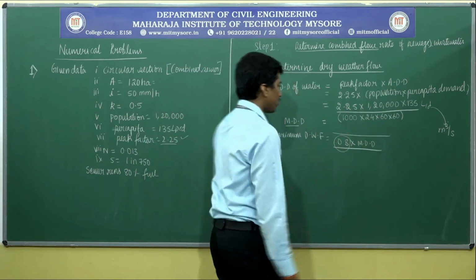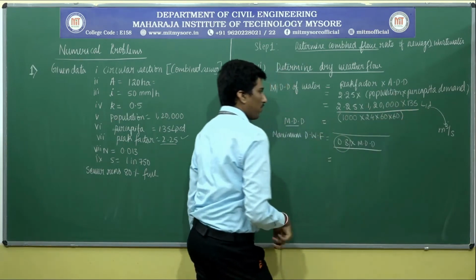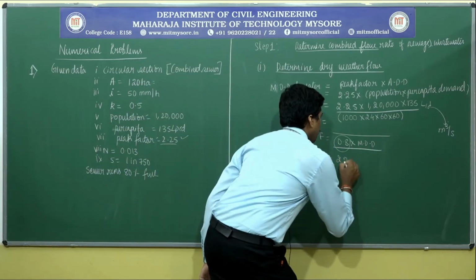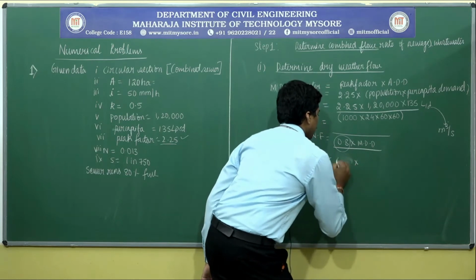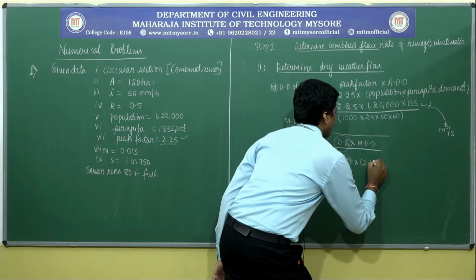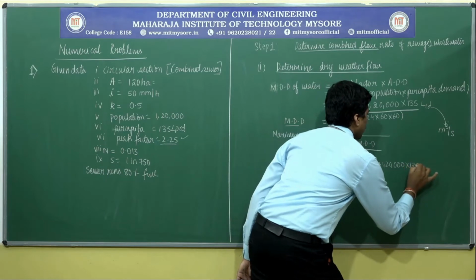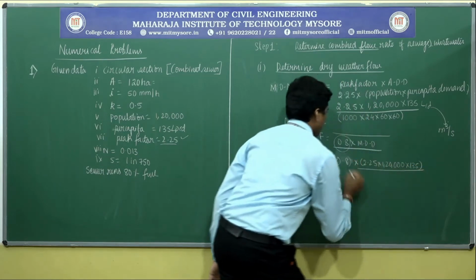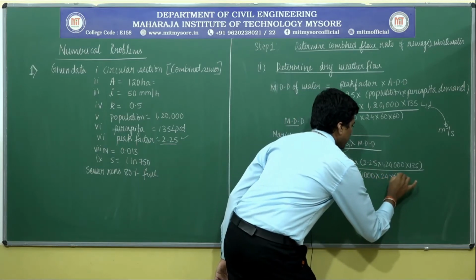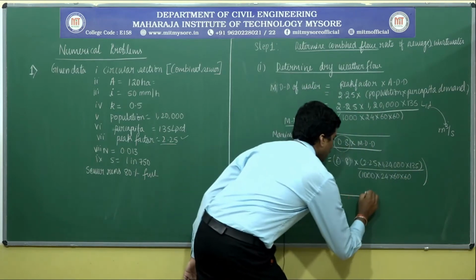Let me carry out the same thing multiplied by 0.8. What happens if you compute it? So 0.8 into 2.25 into 1,20,000 into 135 divided by 1000 into 24 into 60 into 60, converting to meter cube per second.